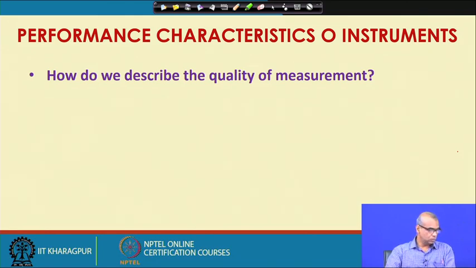Now, let us try to understand what you mean by static characteristics of instruments. When you use an instrument to measure some process variables, you may ask yourself, how do you describe the quality of measurement?